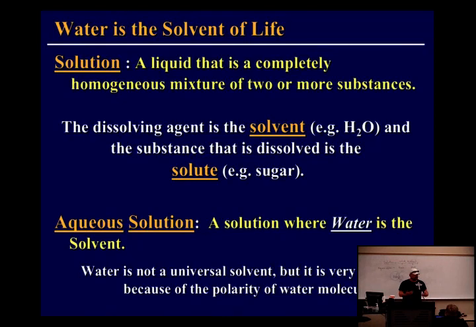Does nonpolar covalent have a charge? Nonpolar means they share equally. So water wouldn't be good at dissolving something that's nonpolar, but it would be good at dissolving something that has a charge, even a slight charge, which would be polar covalent. Good. So ionic, polar covalent. It dissolves. All right.